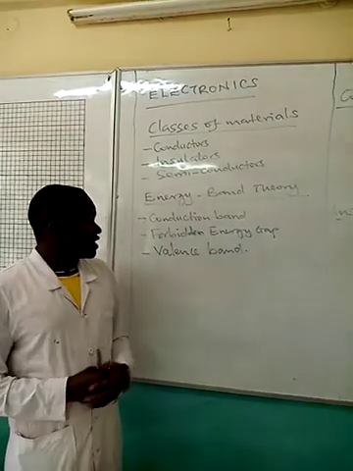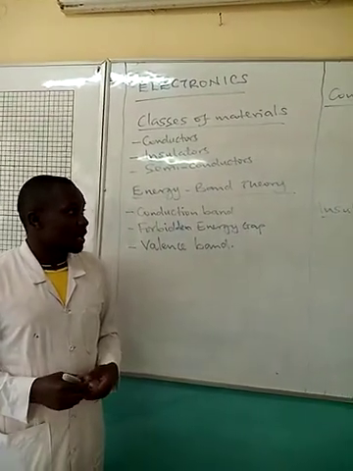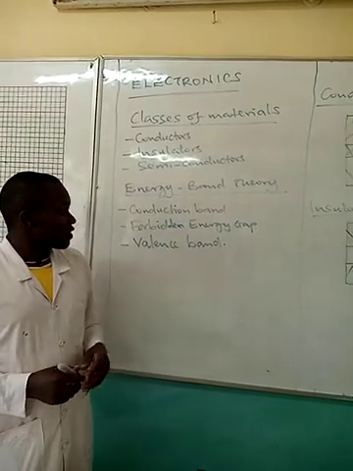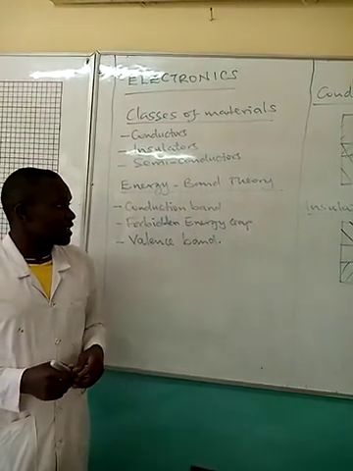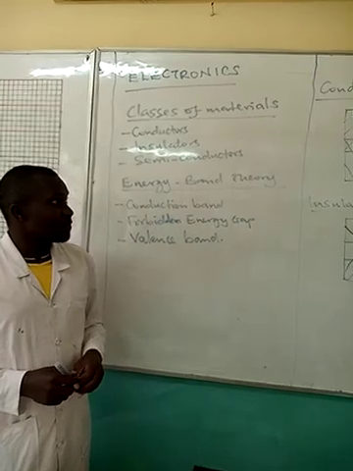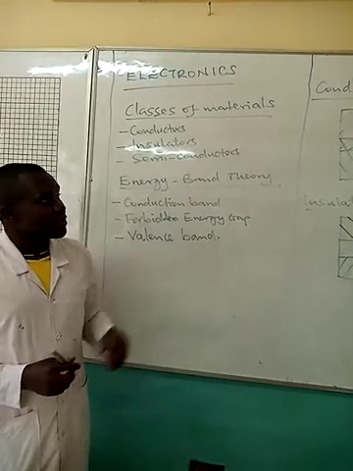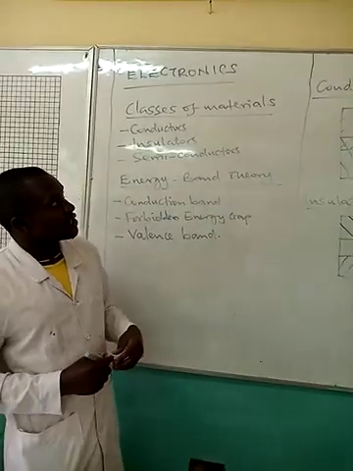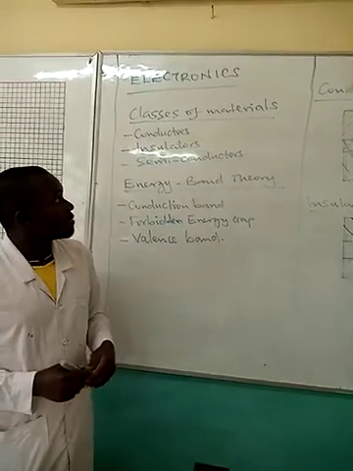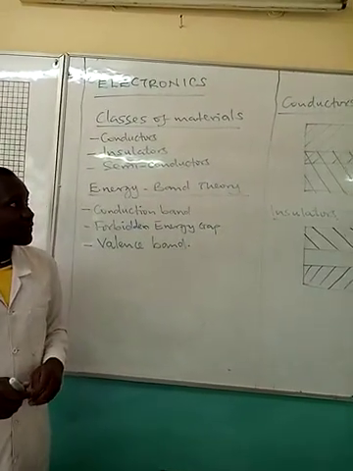So the space between them, we call it the forbidden gap. With the two types of bands and the region between them, we can differentiate between the three classes of materials.